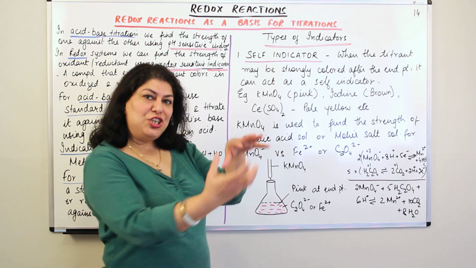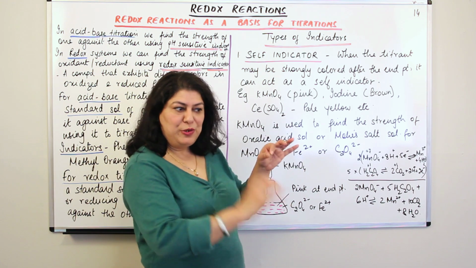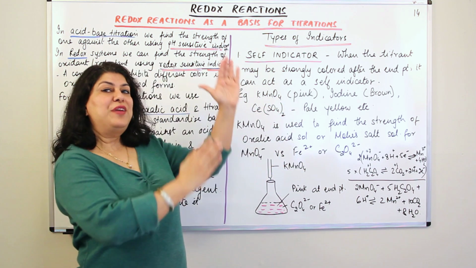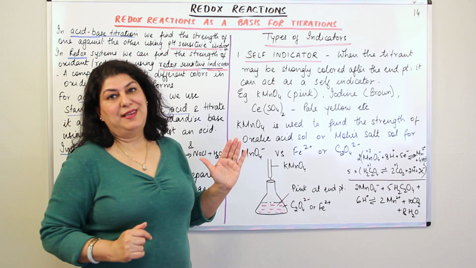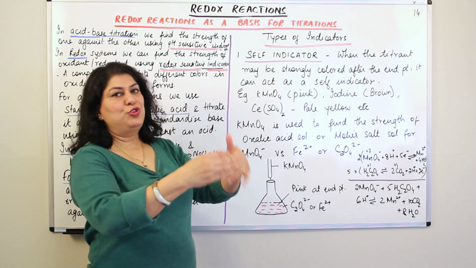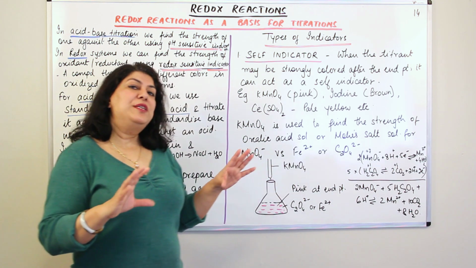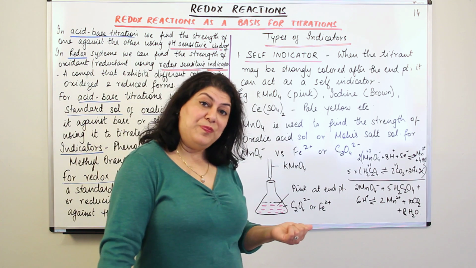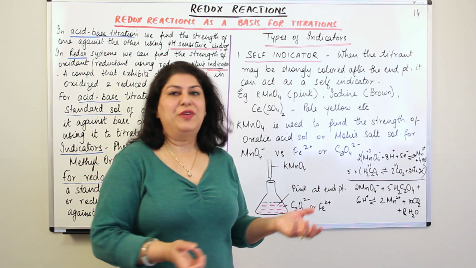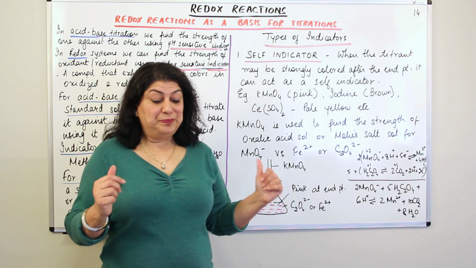You will use a pipette, measure out 10 ml of it, put it in a flask and titrate it against the potassium permanganate. As long as you keep putting the potassium permanganate into the solution and it is reacting, the potassium permanganate is being used and therefore it is being turned into its reduced form. And since it is being turned into its reduced form, it loses its pink color.